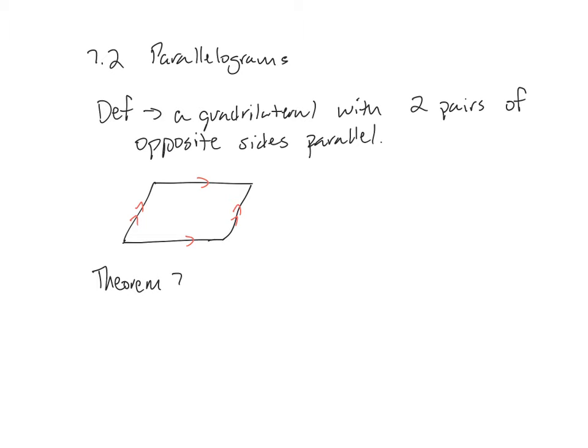So theorem 7.3 says opposite sides congruent. So if I have a parallelogram, opposite sides will be congruent like that. Okay.